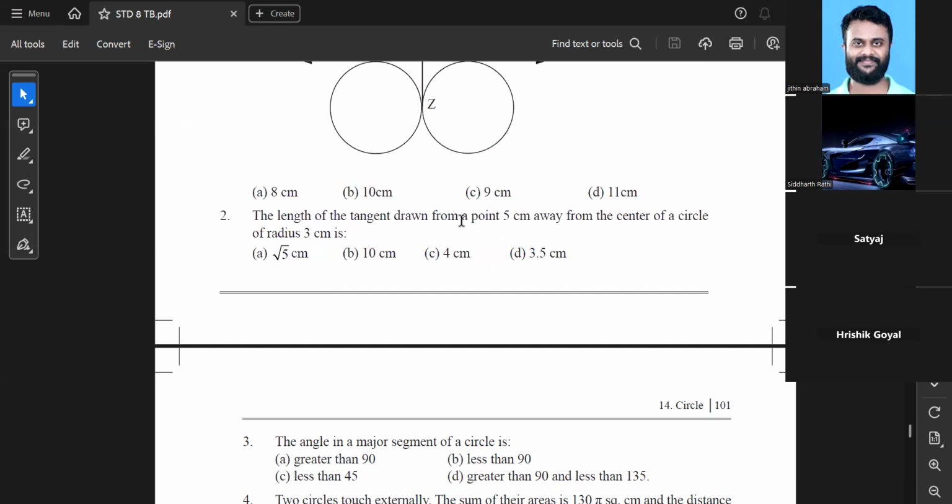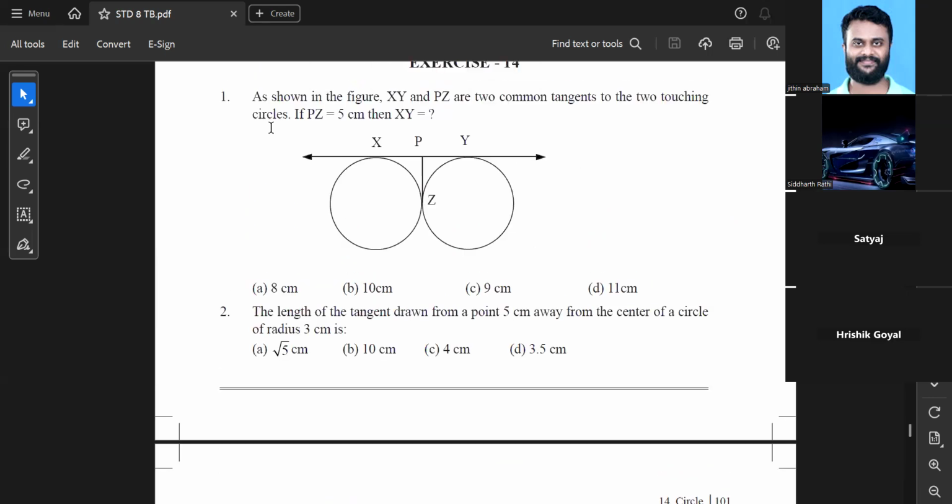The length of the tangent drawn from a point 5 centimeter away from the center of the circle of radius 3 centimeters, how much? Okay, let's see. So I'll just try to draw the scenario. So this is a circle. I'll draw bigger. Its radius is 3.